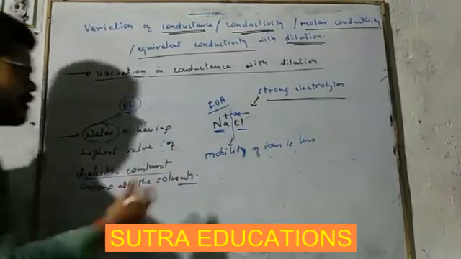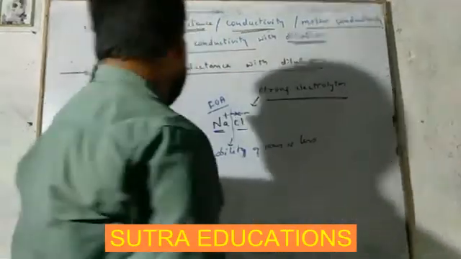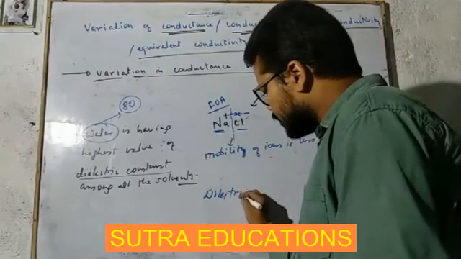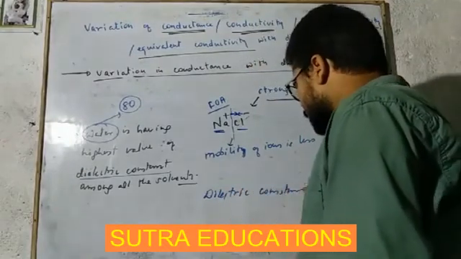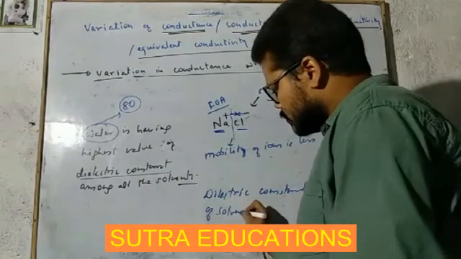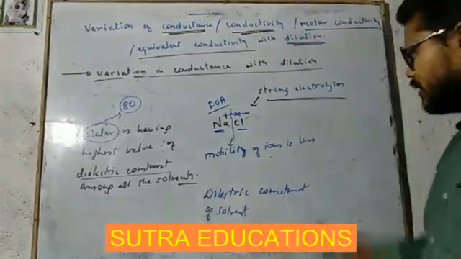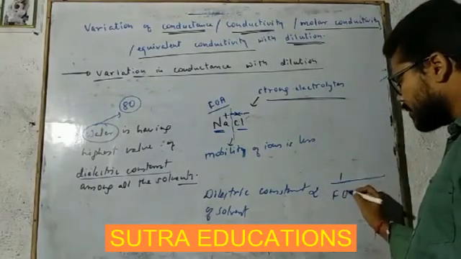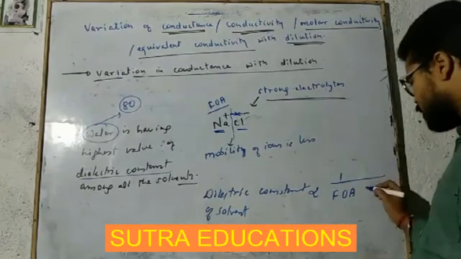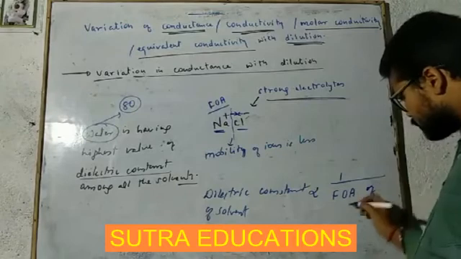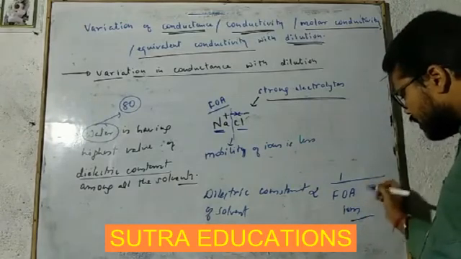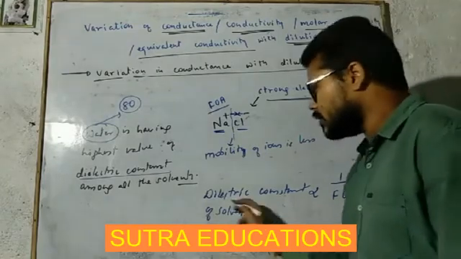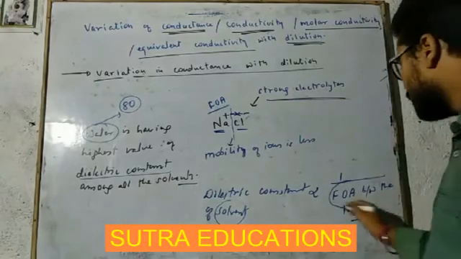So due to this dielectric constant, and there is one more rule: the dielectric constant of the solvent is inversely proportional to the force of attraction (FOA) of ions, or between the oppositely charged ions. Meaning the more the dielectric constant of the solvent, the less the force of attraction between the ions.